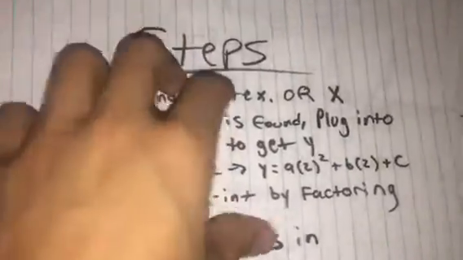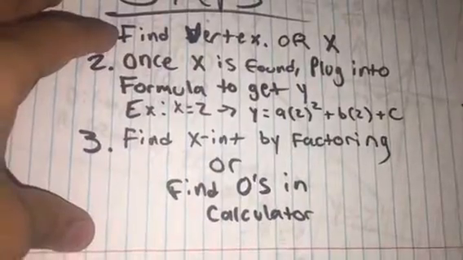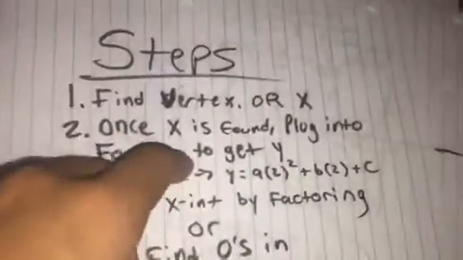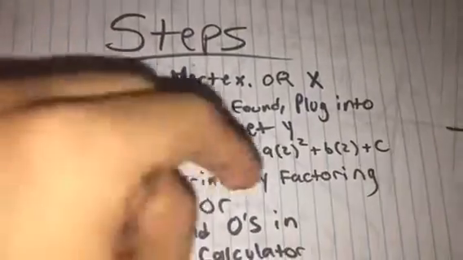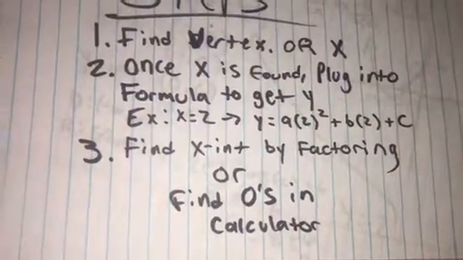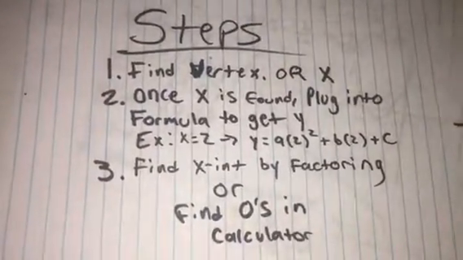Once you get that, you have your vertex, and then you can find your intercepts by factoring or finding zeros in the calculator. By finding zeros in the calculator, you plug the formula into the calculator, go to the table and find where y equals 0. You could do that, or factor, whichever one works for you.